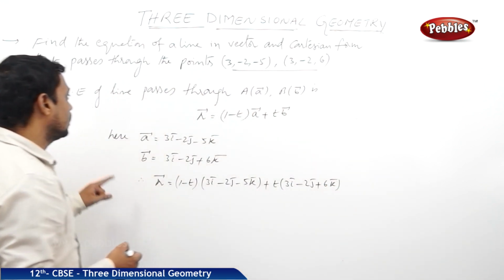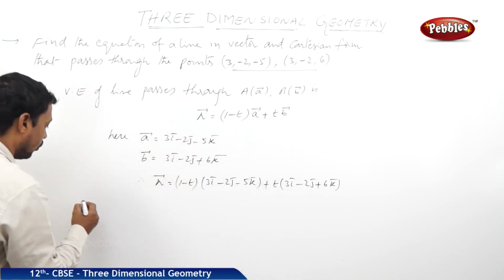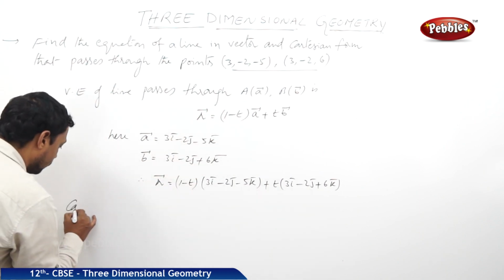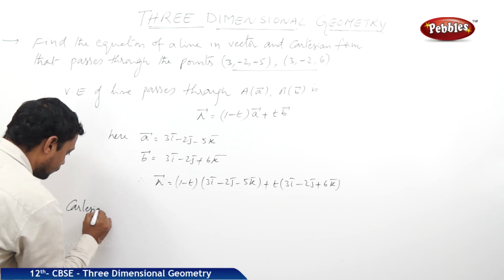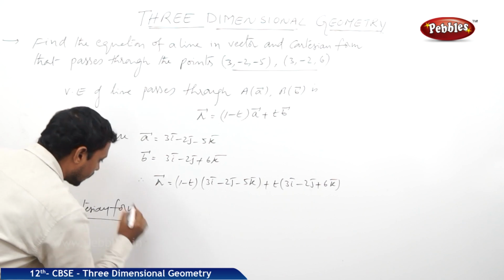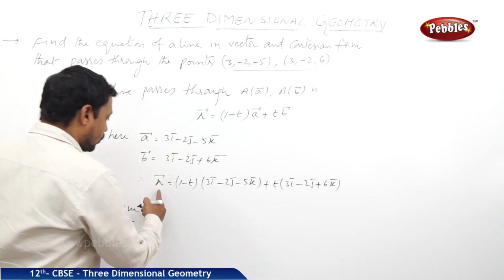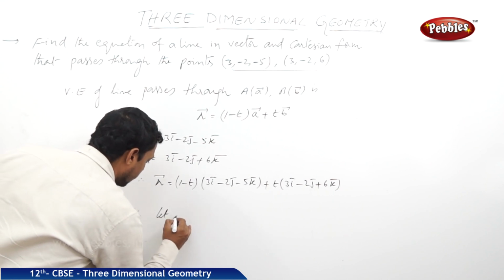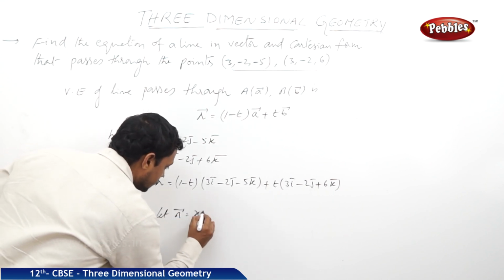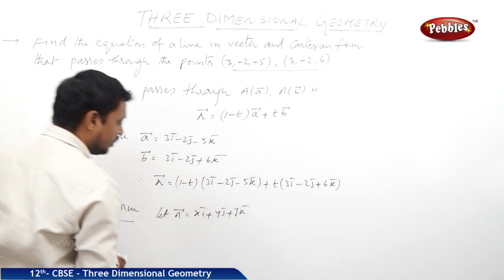Now, this is the vector equation of a line passing through the given 2 points. Now, let us find the Cartesian form of a line passing through the two given points. So, for Cartesian form, let us take r bar is equal to xi plus yj plus zk.